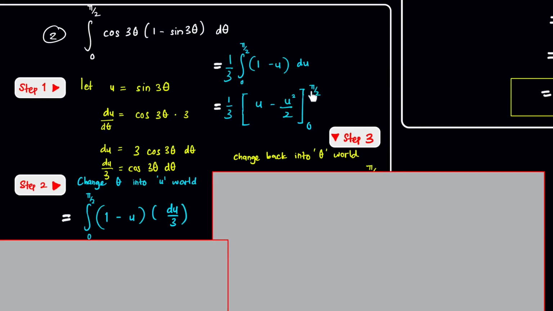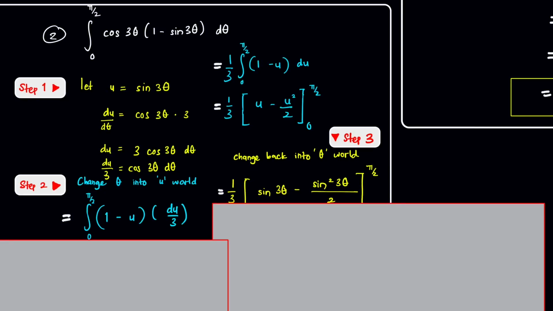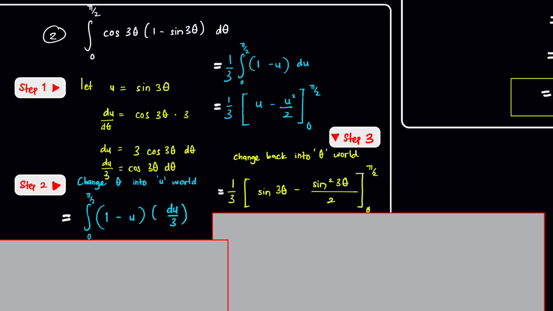You cannot simply substitute this interval into u, because this u is our representative for sine 3 theta. This interval should be substituted into theta, not u. Okay, that is the thing that you have to keep in mind. So we need to change it back into theta world first, then we can substitute the interval.